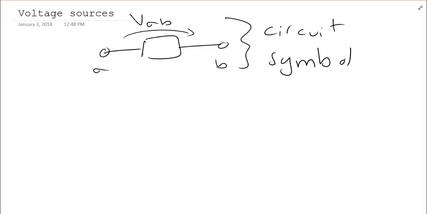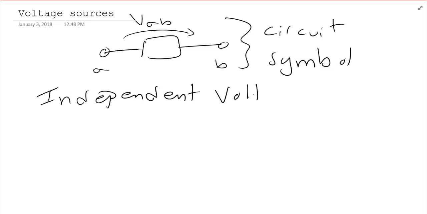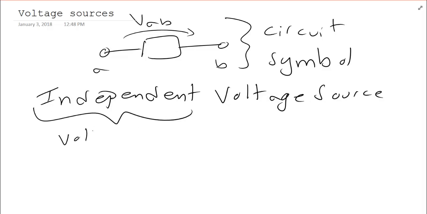Today we're going to be focusing only on voltage sources, and in particular, a type of voltage source called an independent voltage source. So, what does the word independent mean? It means the voltage does not depend on anything else.